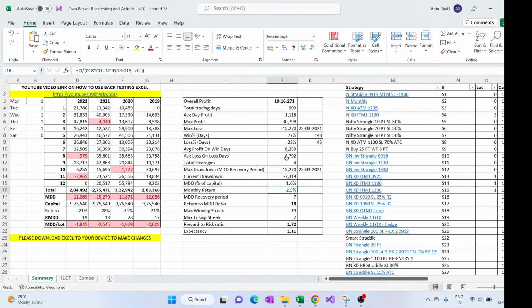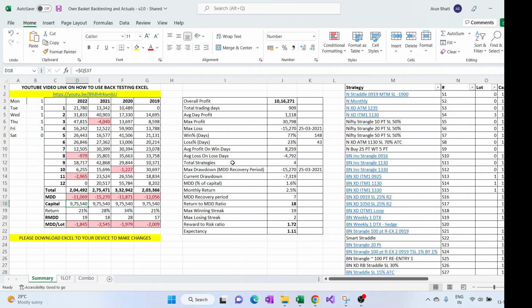It is giving around 2.5% monthly return, which is like 30% annual return, and charges will be less for it because we are just trading on expiry days. So it is just 1 day in a week, and the maximum drawdown which this strategy has is 1.65% of the capital, and almost 10 lakh is needed without any hedges to trade this setup.